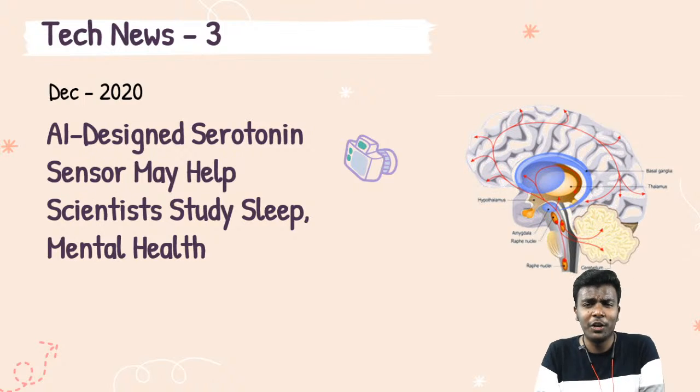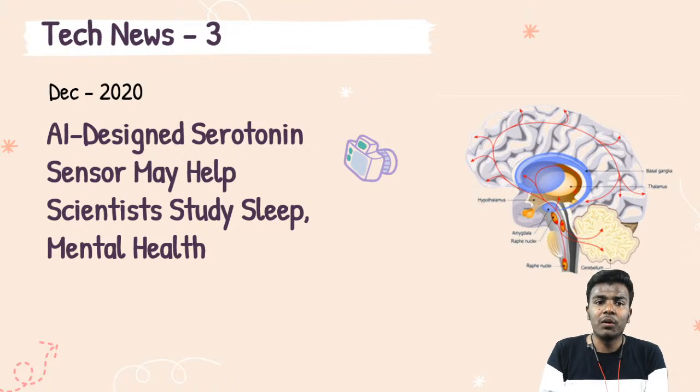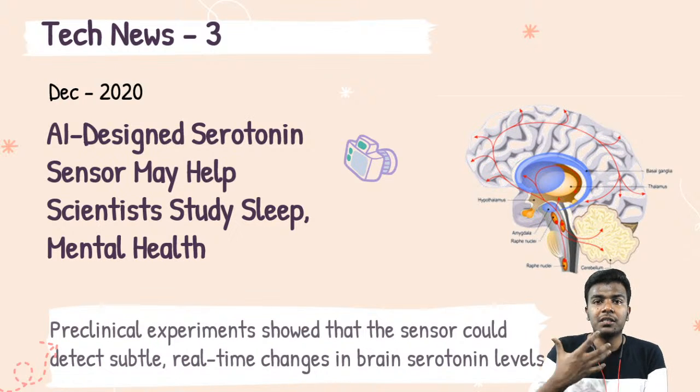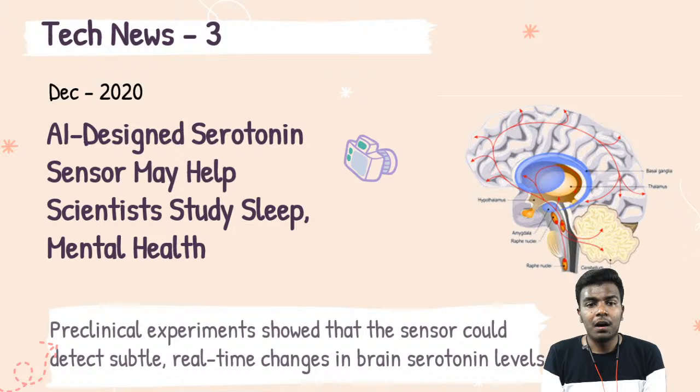BCI technology is already doing that, and on that list, this one sensor is discovered with the help of artificial intelligence. It is very helpful to analyze brain waves, especially the serotonin part, which is helpful for analyzing sleep stages and mental health. So a new sensor is developed now.